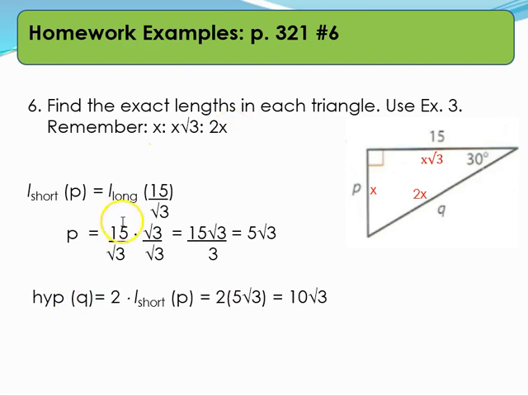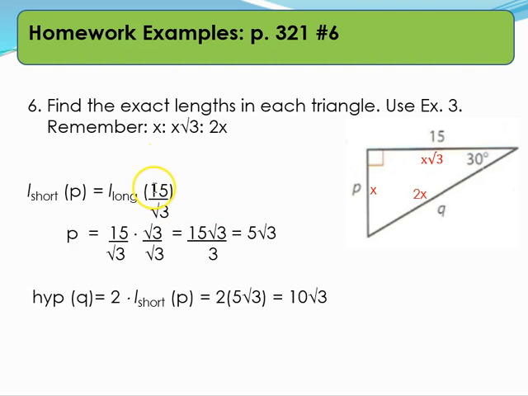They've made this very complicated in this example, but they're doing it to help you think about what you're doing. So the short leg, which is P, equals the long leg, which is 15, and the long leg, remember from these ratios, is P square root of 3.